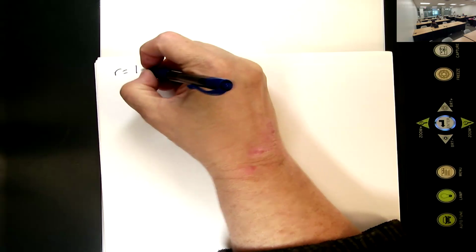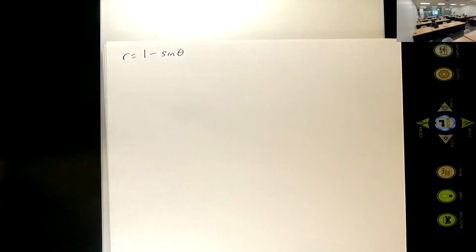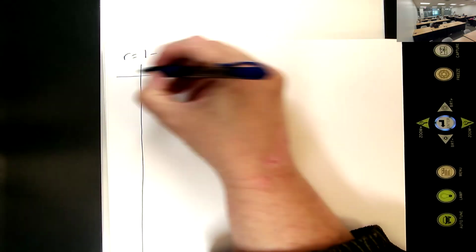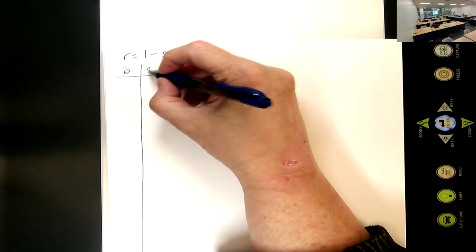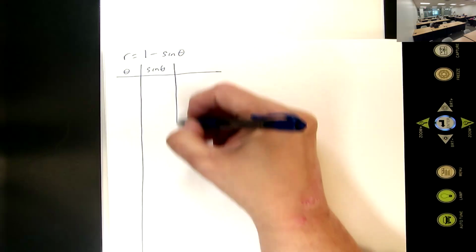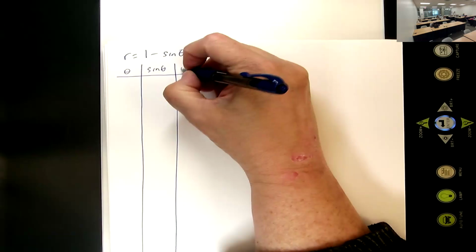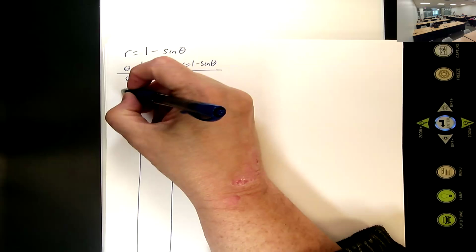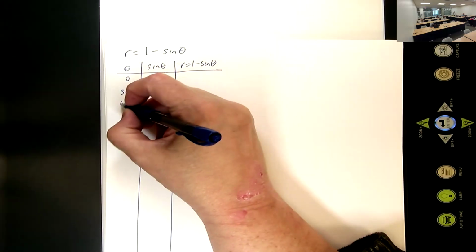Let's do R equals 1 minus sine theta. So I'm gonna make a chart: a column for theta, then a column that has sine theta, and then R is 1 minus sine theta. If you can, do every 30 degrees.